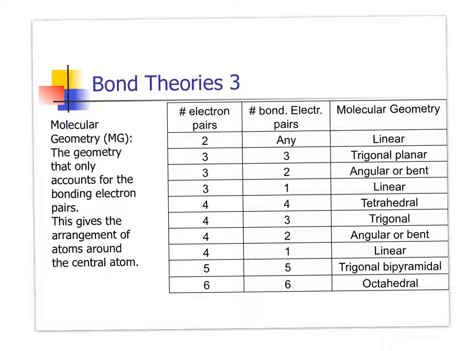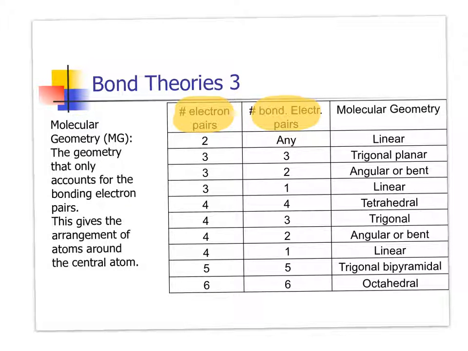Now the molecular geometry depends on a couple different things. We have to identify not just how many pairs there are, but we also have to know which ones are bonding. So we have to be able to identify our bonds.